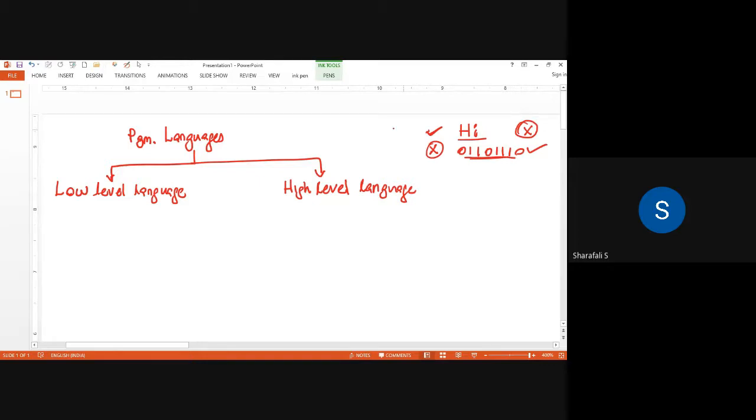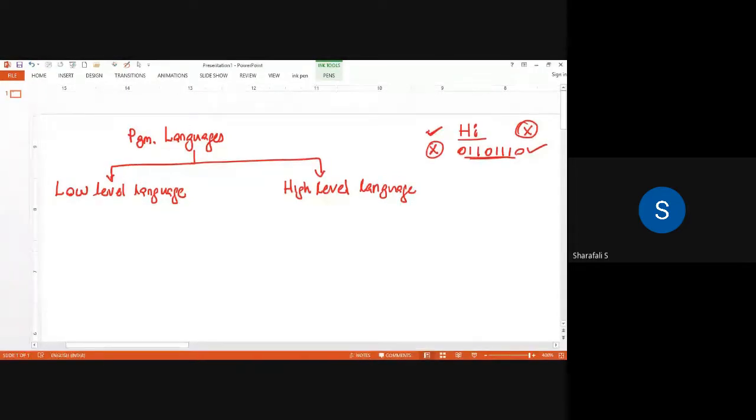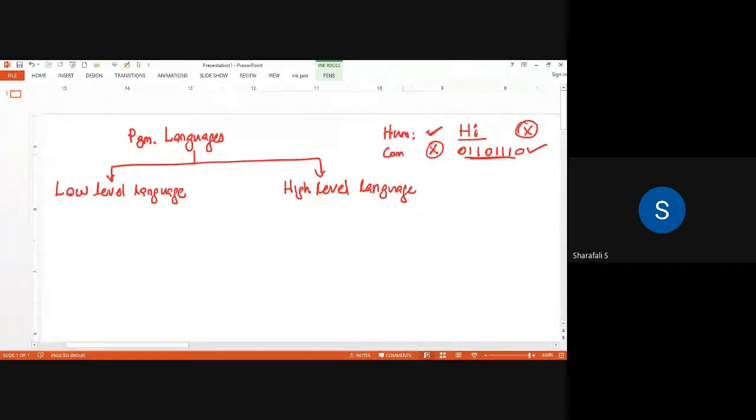So if we consider human beings, this is the condition for humans, and this is the condition for a computer.